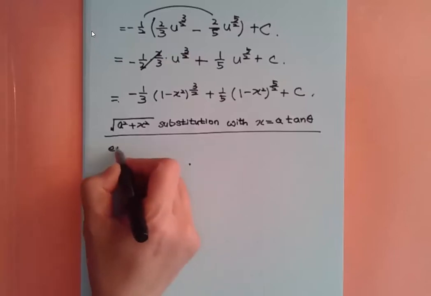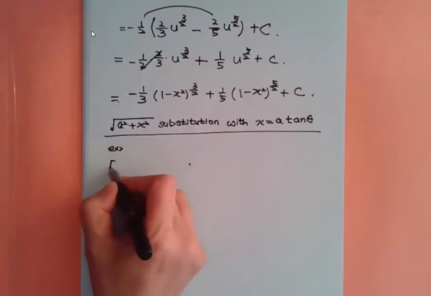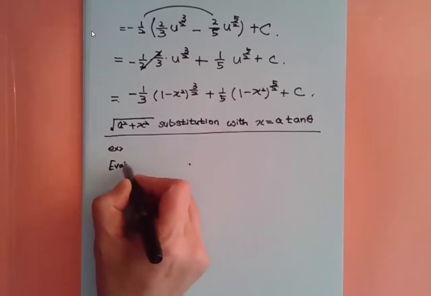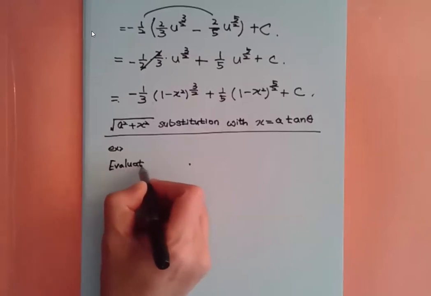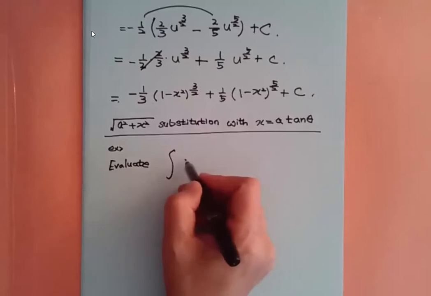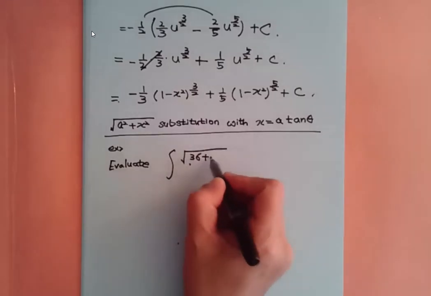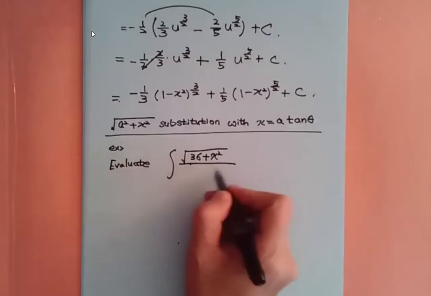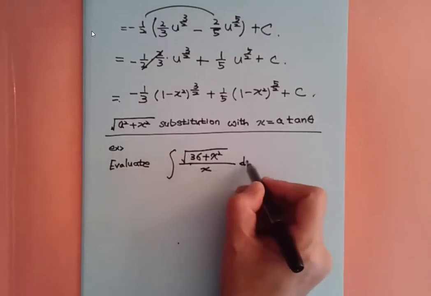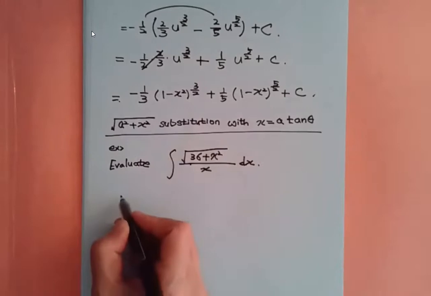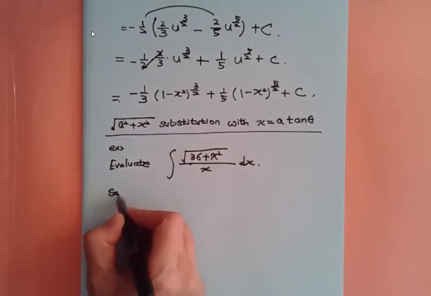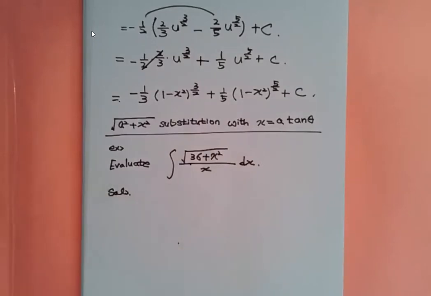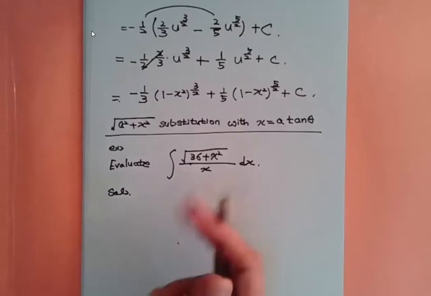The problem given for this pattern of application is: evaluate the integral of square root of 36 plus x squared over x dx. So that falls into this pattern.